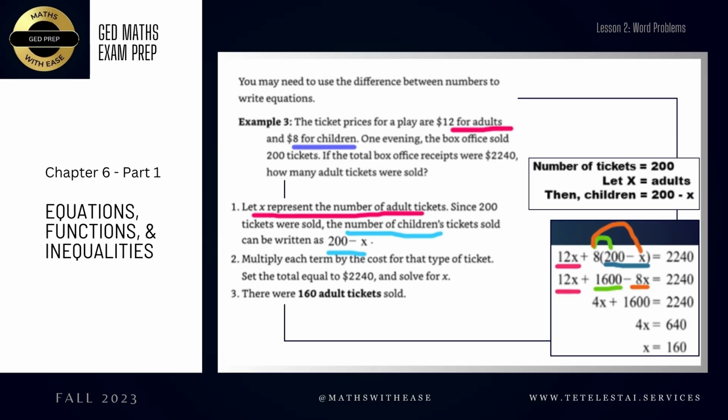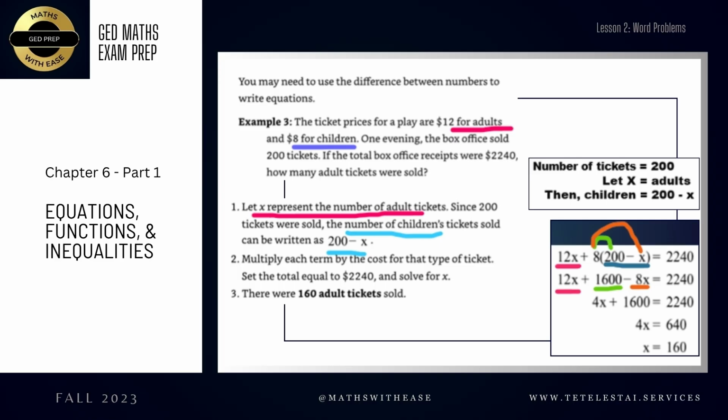We're going to move 1,600 over to the right-hand side of the equation, so we'll have 2,240 minus 1,600. Or you can simply think of it as subtracting 1,600 from both sides of the equation. That will leave us with 4x on the left-hand side and 640, which is the difference between 2,240 and 1,600, on the right-hand side.